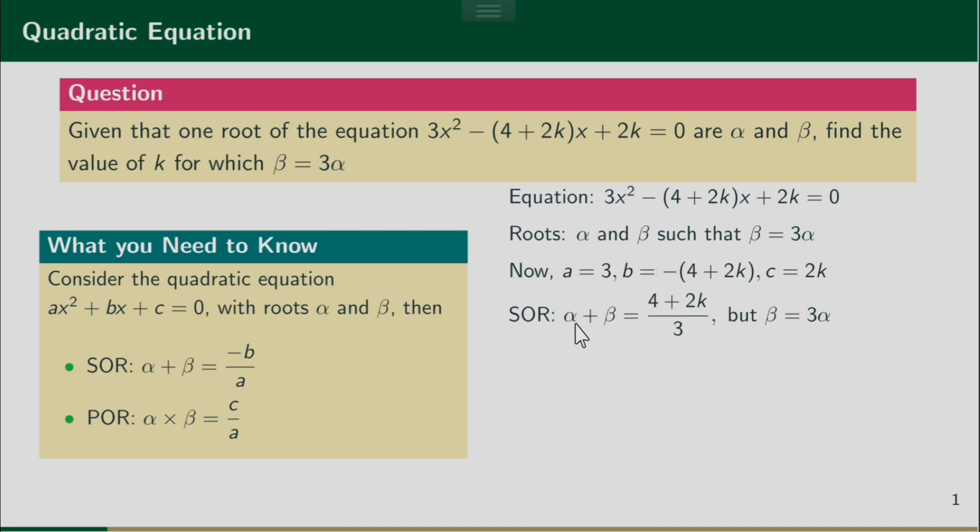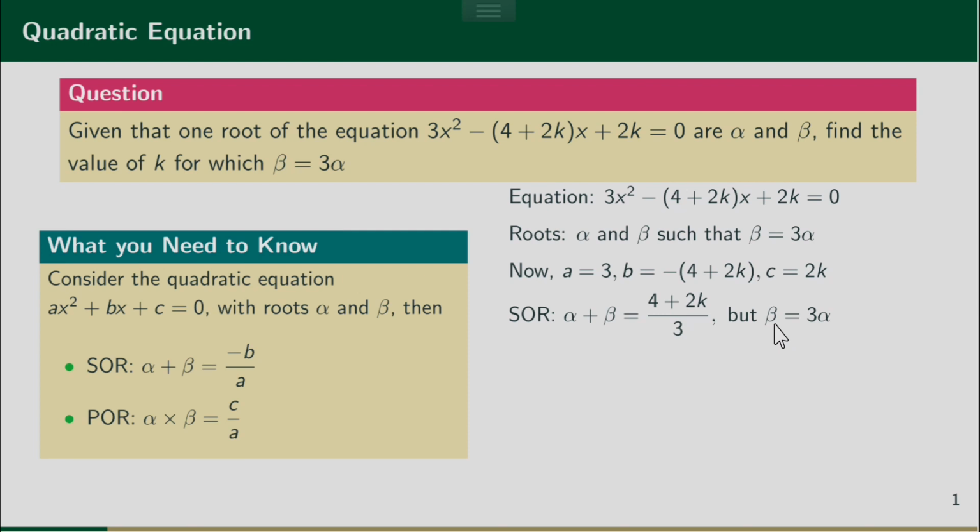So in this case, alpha plus beta is equal to negative b divided by a. Multiplying b by negative 1, since negative times negative gives positive, I'm left with (4 + 2k) divided by a, and a is 3. So alpha plus beta is (4 + 2k) divided by 3.